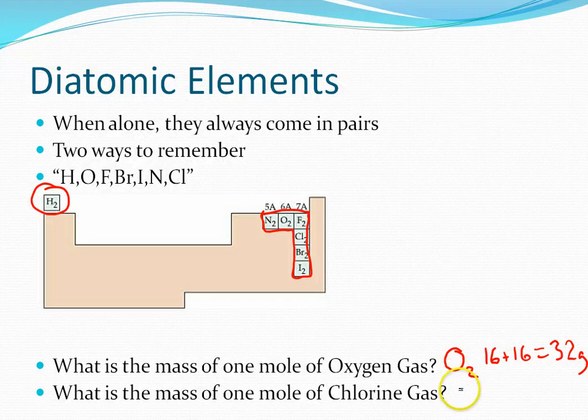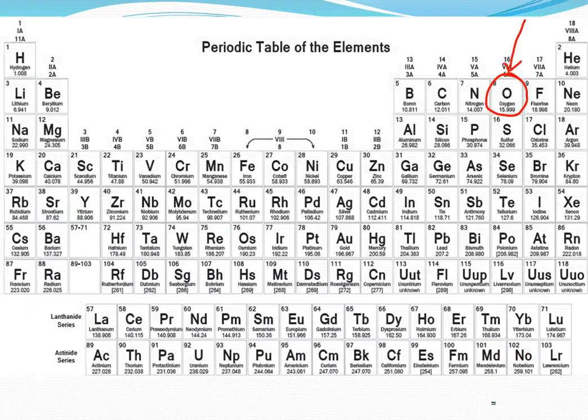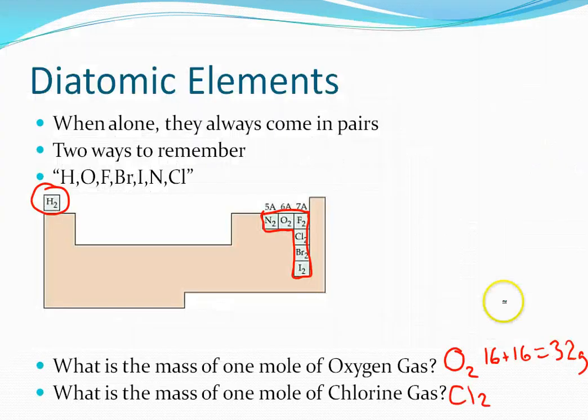If I wanted chlorine, chlorine was by itself. It is again one of those diatomic ones. So if I look at the periodic table for chlorine, right here, that one is 35.45, which rounds to 35.5. So for chlorine, I would have 35.5 times 2, or add it twice, however you want to do that.